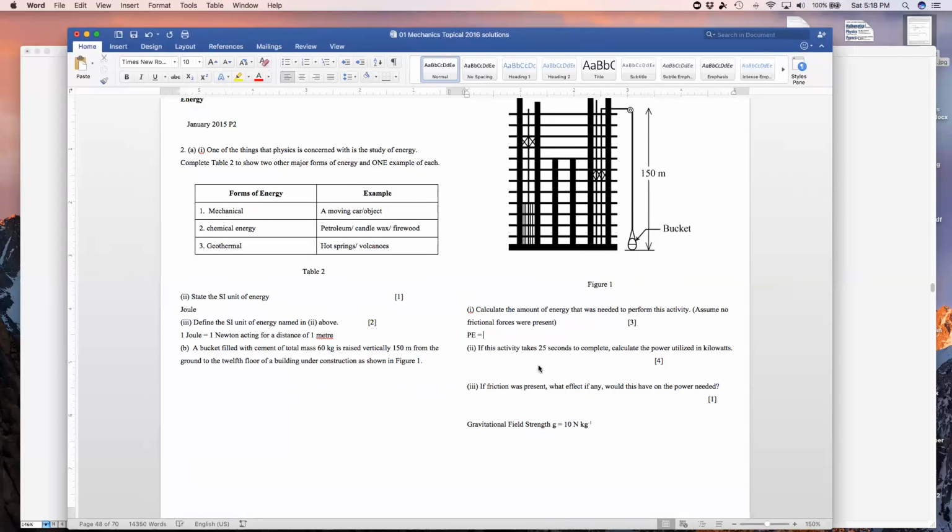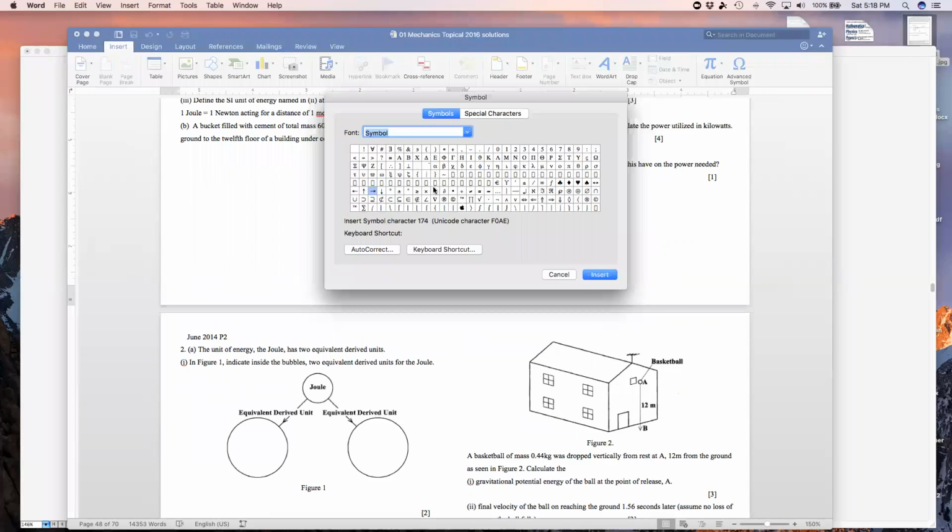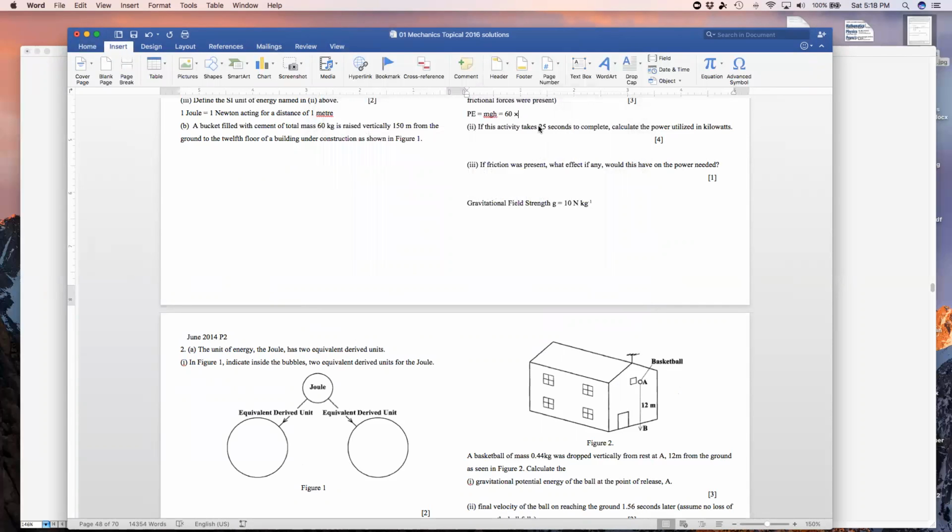So the potential energy we know is equal to mgh. And in this case, it's going to be 60 multiplied by g, which is 10, multiplied by h, which is 150.